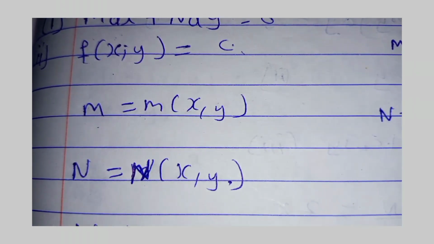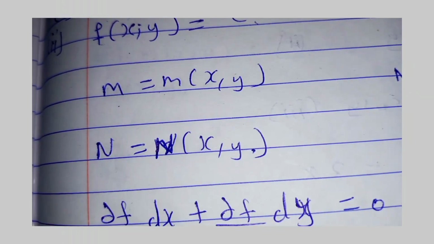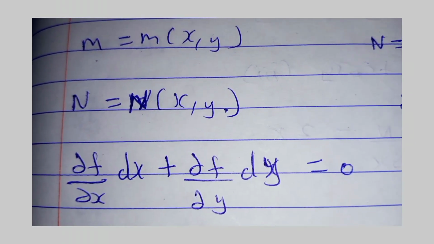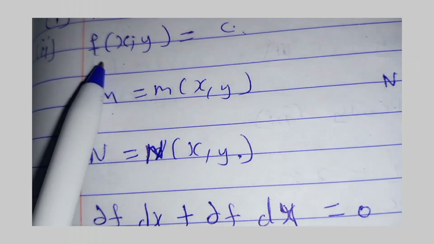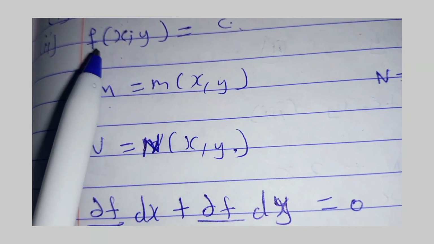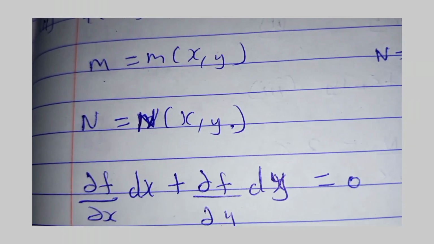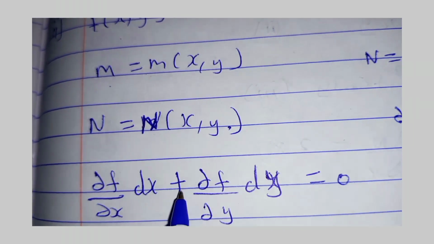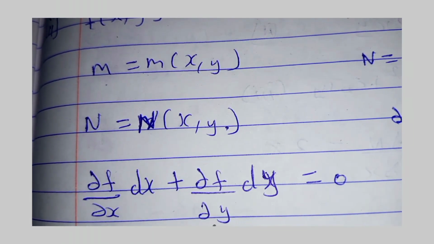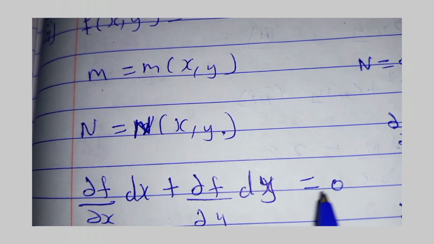Now how do you test to know whether an equation is exact? To do that, we consider this primitive equation, and then we find its total derivative, which is given by partial of f with respect to x dx plus partial of f with respect to y dy, which is equal to 0.